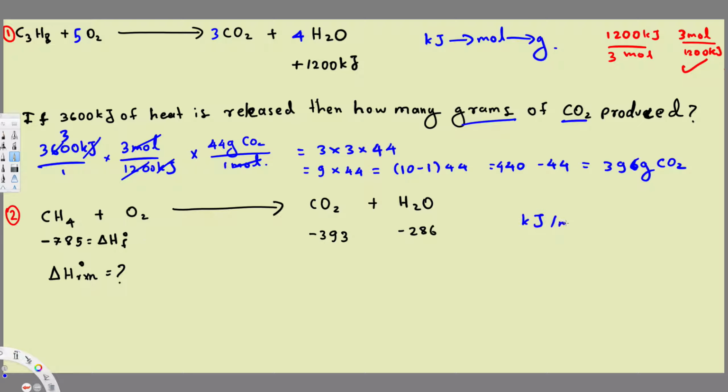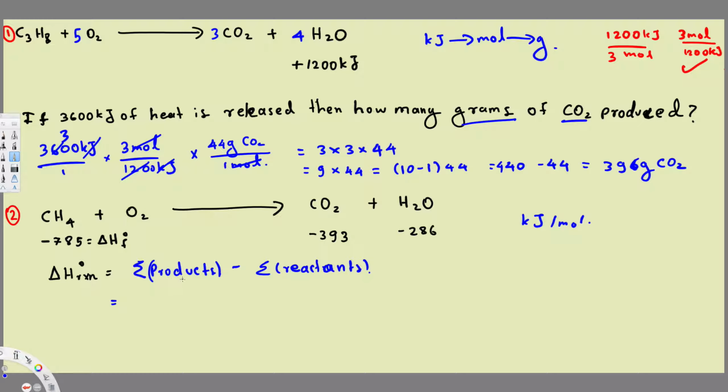If you want to calculate the enthalpy of reaction, the equation we have to use is delta H of reaction equals sigma products minus sigma reactants, and that's going to give us the enthalpy of the reaction.